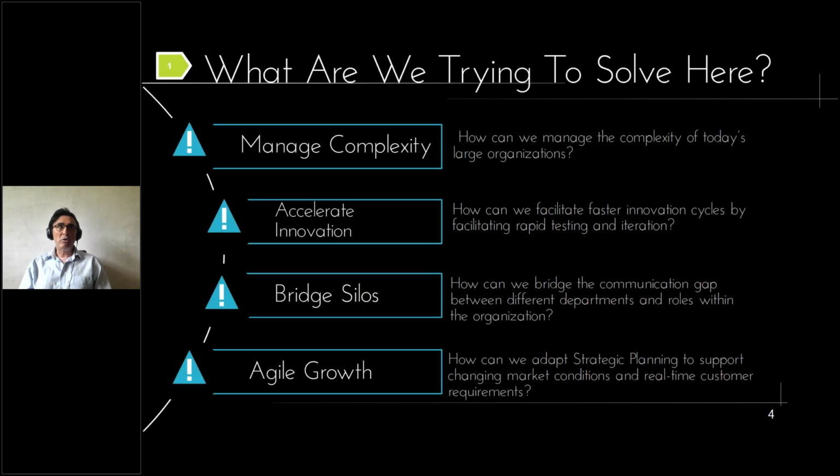Similarly, business organizations need to manage complexity, and by managing complexity, they can accelerate innovation, break barriers, and have agile growth. So that is the motivation. That is why I'm saying you need to start from the very top, because there are costs associated with that.